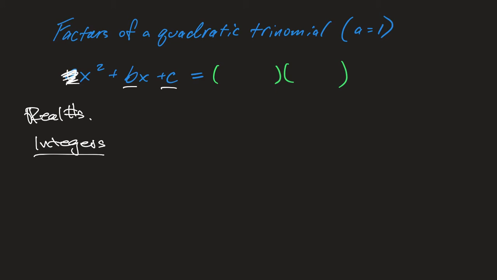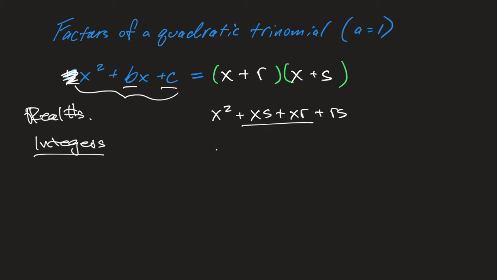If we remember from grouping, we can write this quadratic as a product of 2 binomials. We're going to have x plus some number r and x plus some number s. Let's FOIL this out. I have x squared plus x times s plus x times r plus r times s.